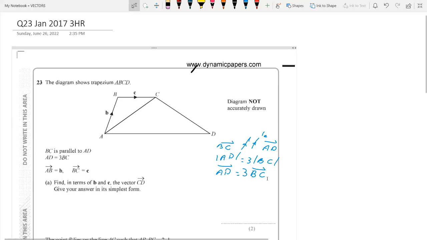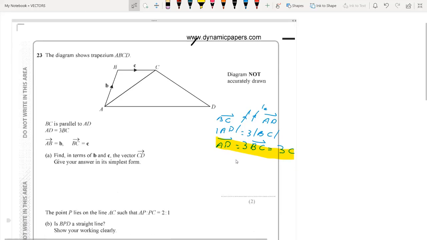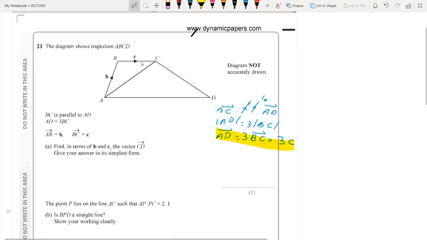They are parallel and in the same direction. BC vector is given letter C, so AD vector is 3C. This is the first quick proof from the diagram that AD is equal to 3C. Noting this, we continue our question.